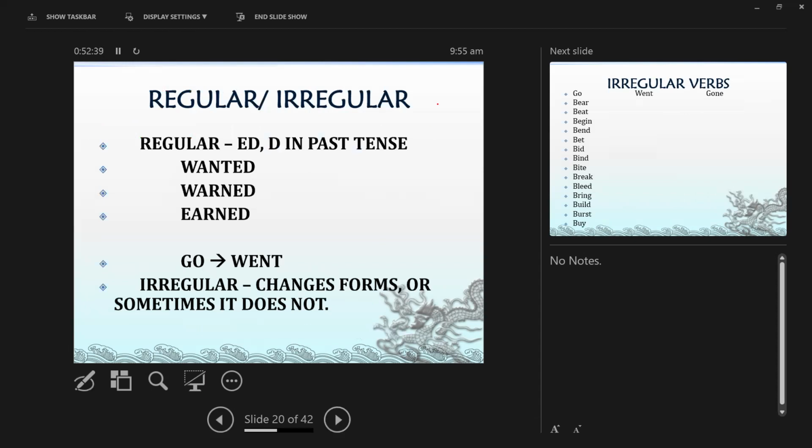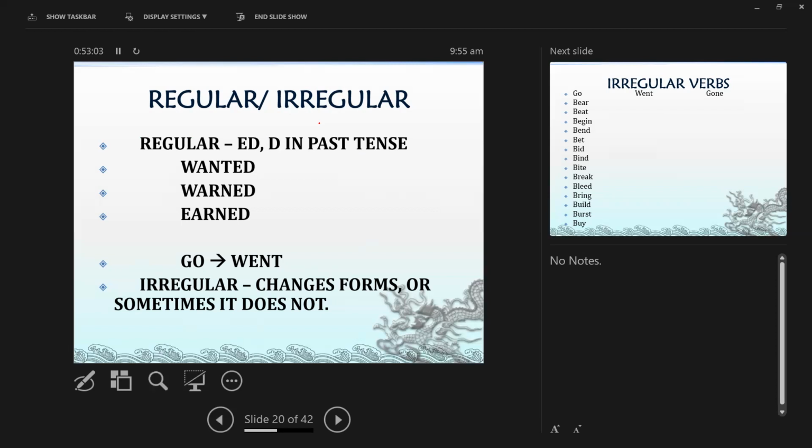Okay, now let's talk about regular and irregular verbs. The only difference between regular and irregular verbs is that regular verbs can add ed at the end to make it a past tense. However, when we talk about irregular verbs, we talk about totally changing the form of the word or the spelling.